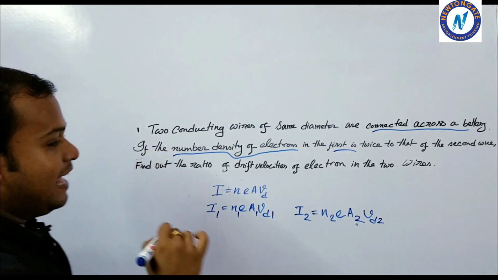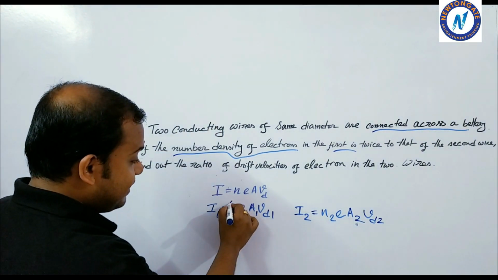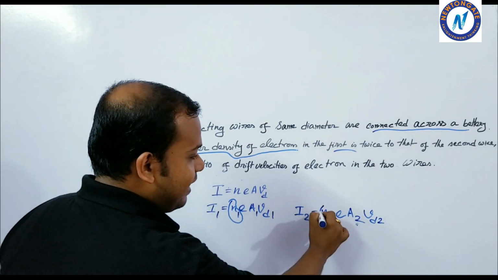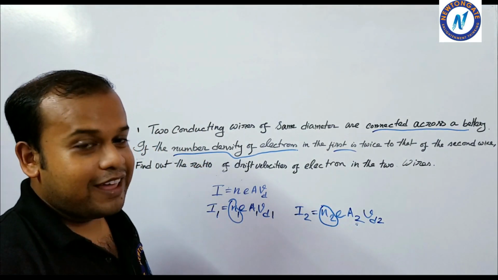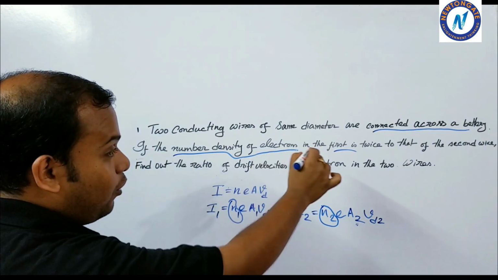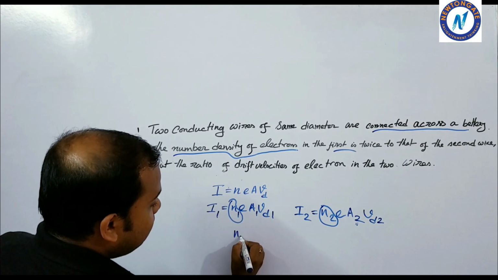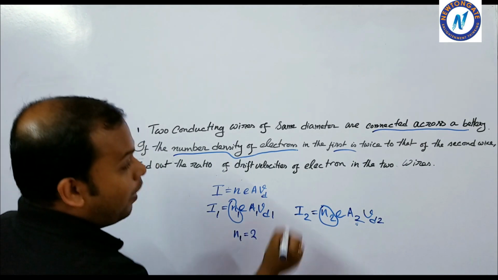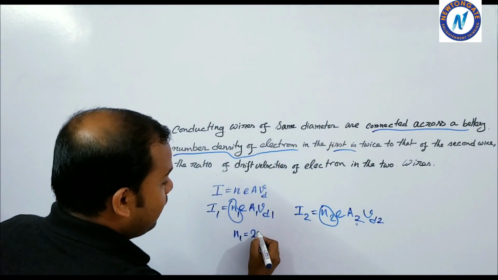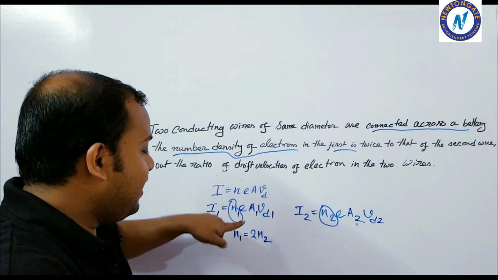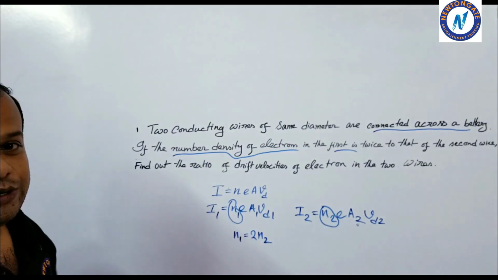So can I write it like this, that this is the number density for the first wire and this is the number density for the second wire? According to the question, N1 is twice of N2. Can I write this? N1 is basically twice of N2.